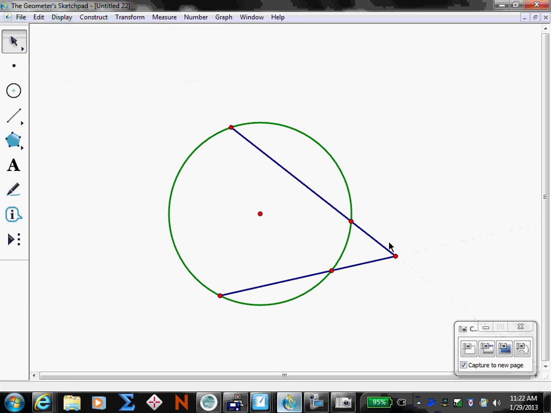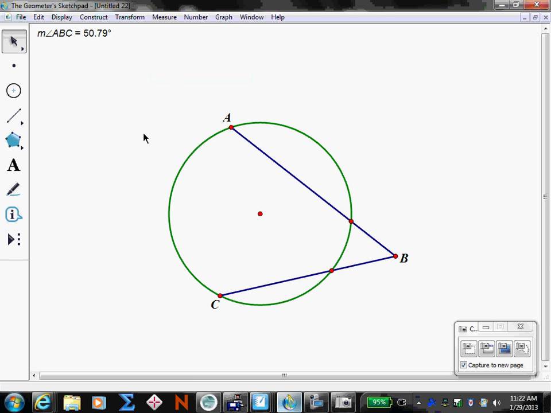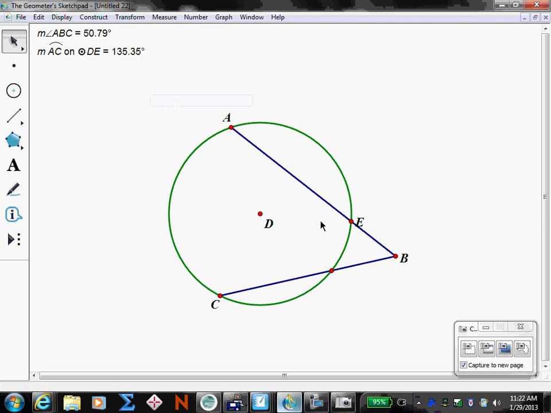Okay, so let's measure this angle. Okay, so how is it that we could figure out that it's 50.79 with our arcs? I'm going to measure arc AC, and then I'm going to measure arc EF.